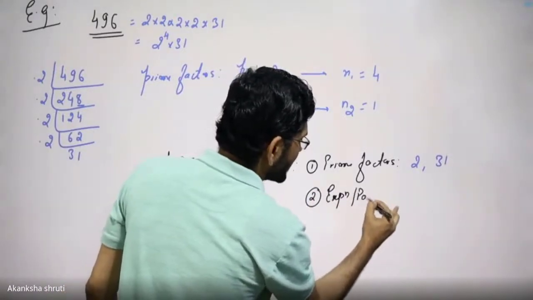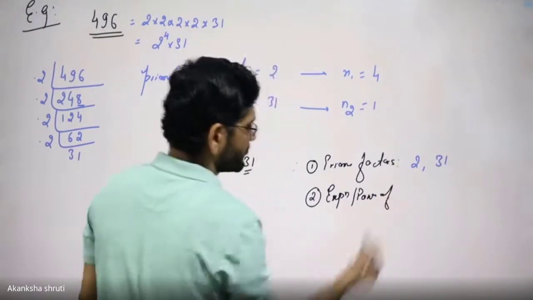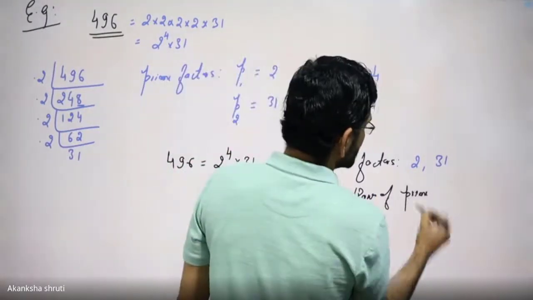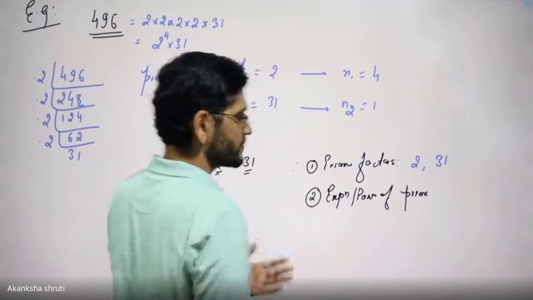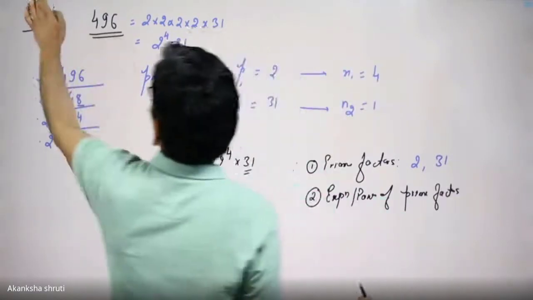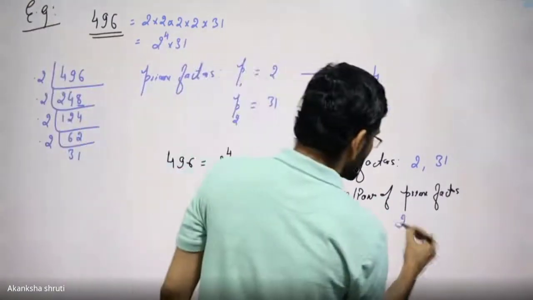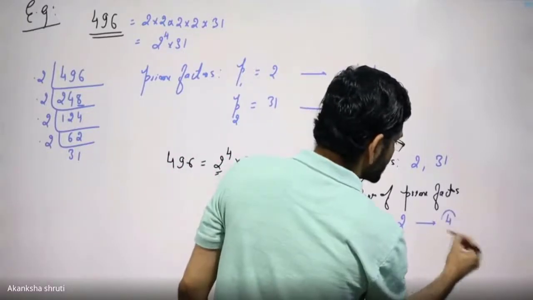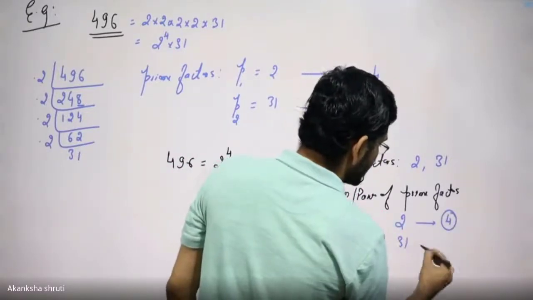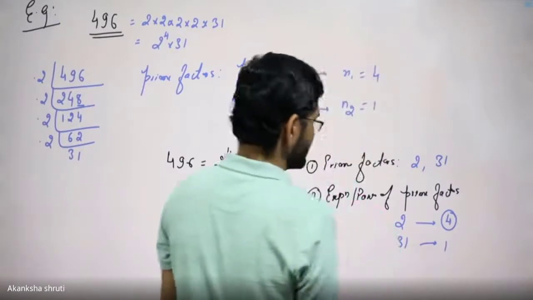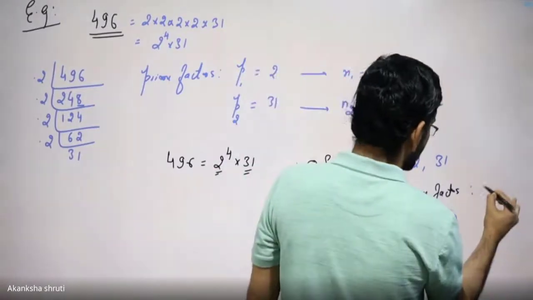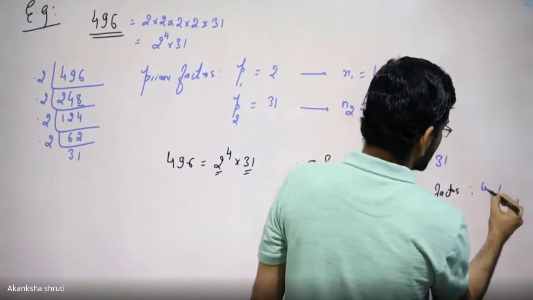The next one is the exponent, or power, of the prime. Students, for these prime factors, what are the powers? For 2 the power is 4, so the answer is 4. For 31 the power is 1. So they are 4 and 1.